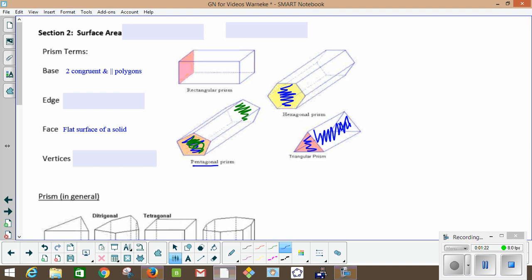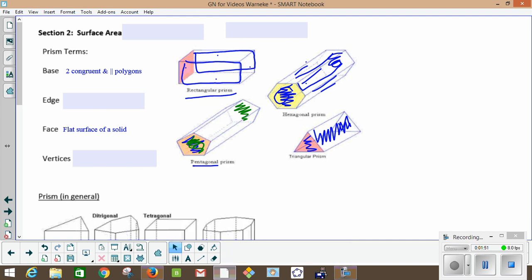So this rectangular prism has 6 faces: the top, the very bottom, the right, and the left, and the front, and the back. So 6 faces in that shape. This one, hexagonal prism, has a front face there, a back face hexagon, and then you have 6 different flat faces around it. So that one would have 8 faces.